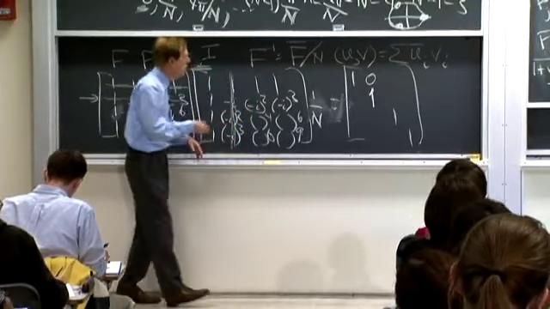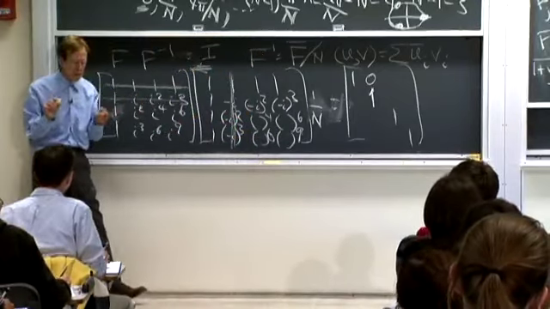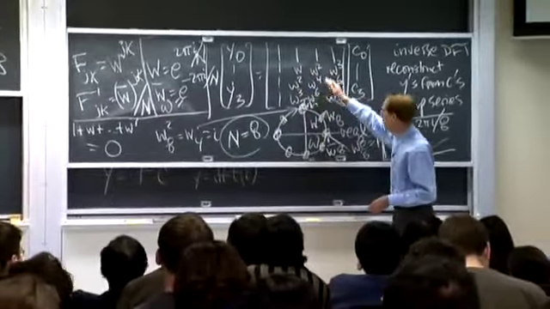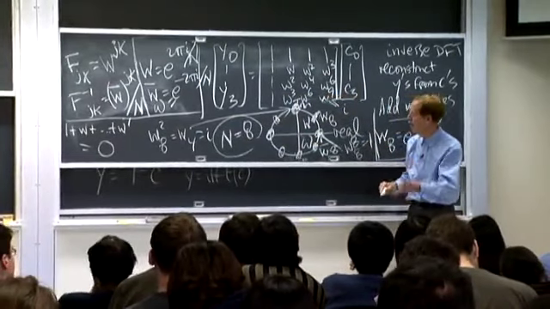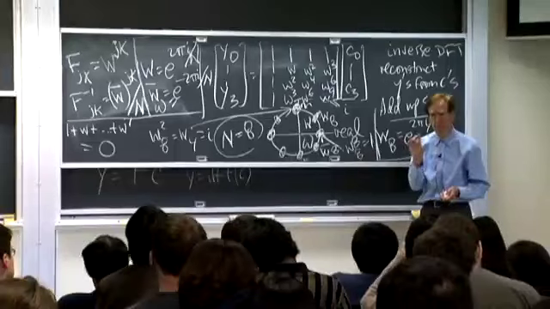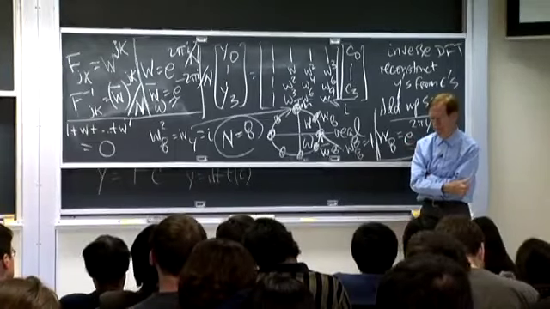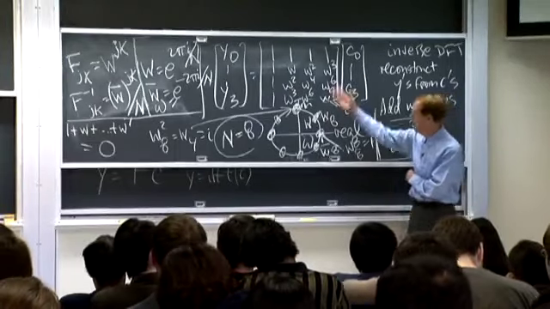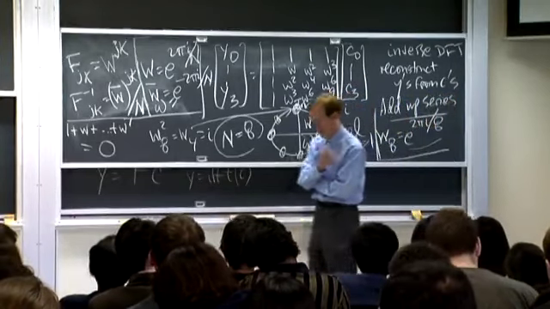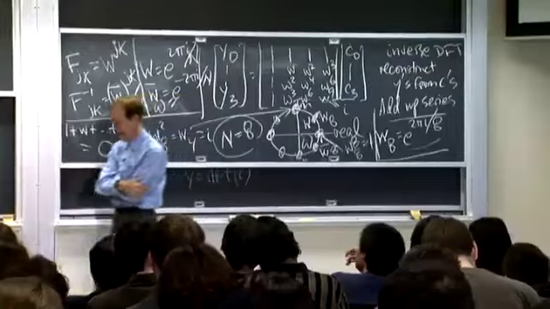Let me just say it this way: these columns, the four columns of the Fourier matrix, are orthogonal. In other words, we have an orthogonal basis. I almost missed saying that.